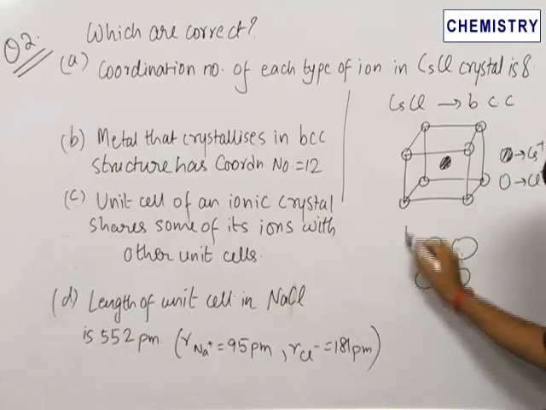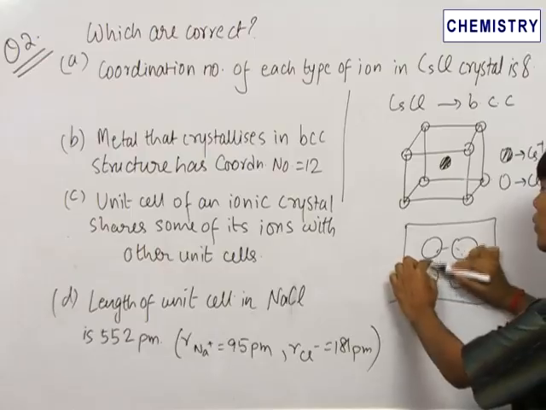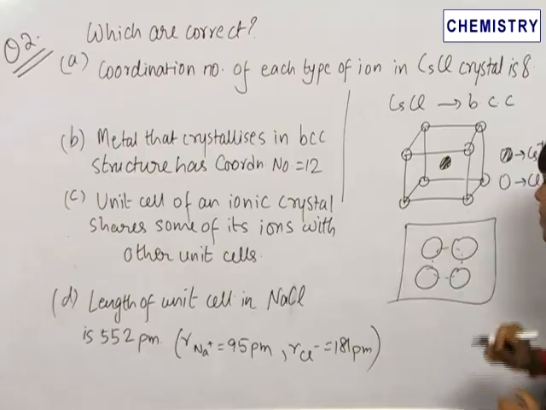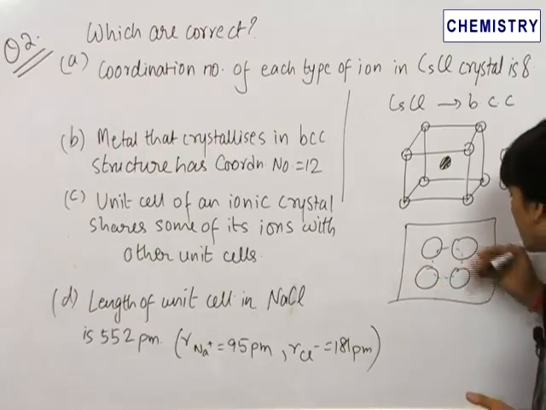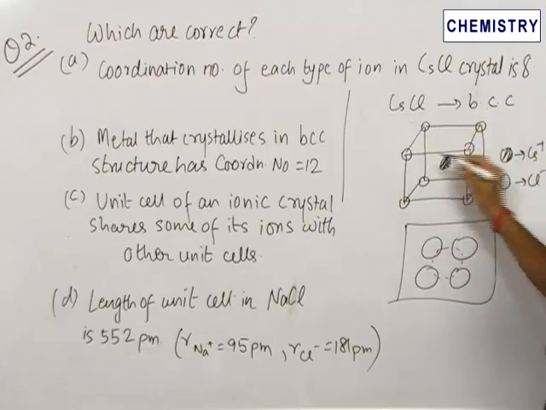So the structure appears something like this from top. We can clearly see that the Cs plus ion is touching 4 Cl minus ions on top and 4 Cl minus ions below. That means the coordination number of Cs plus is 8.